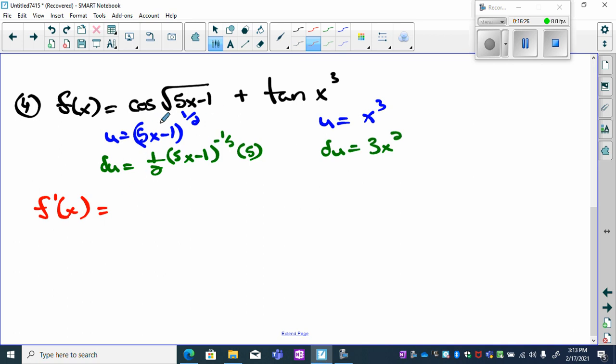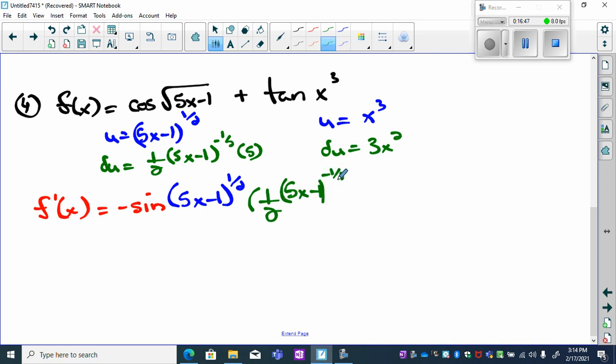For this piece, the derivative of cosine u starts with a c, so we know it's negative sine u, or radical 5x minus 1, times du, plus the derivative of tangent u, which is secant squared u, so x cubed, times du.